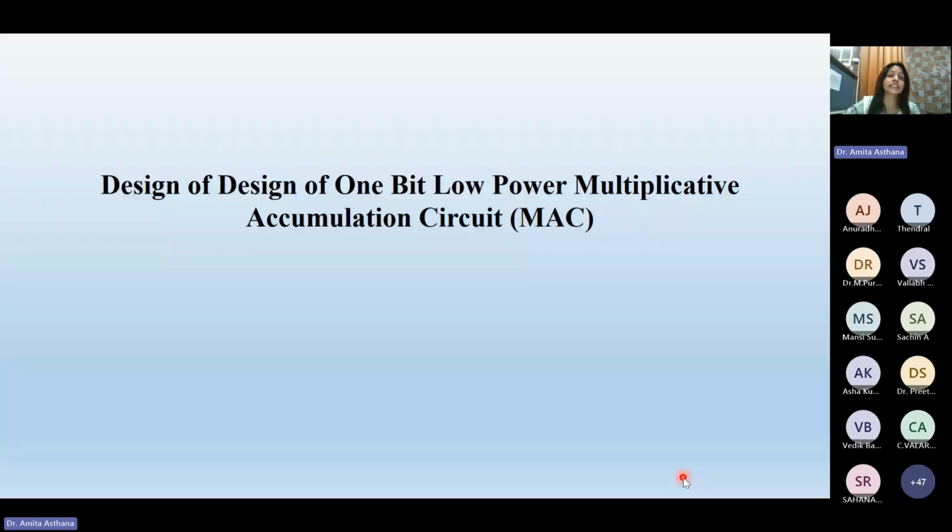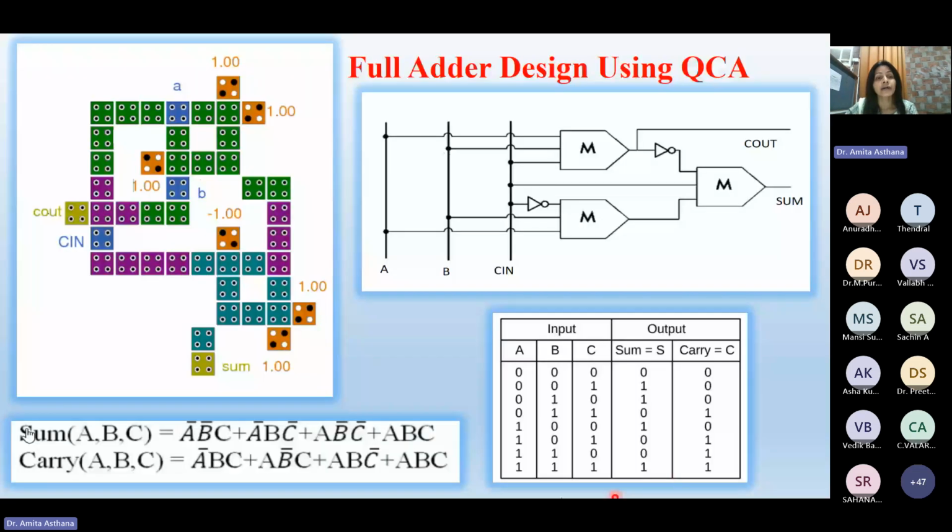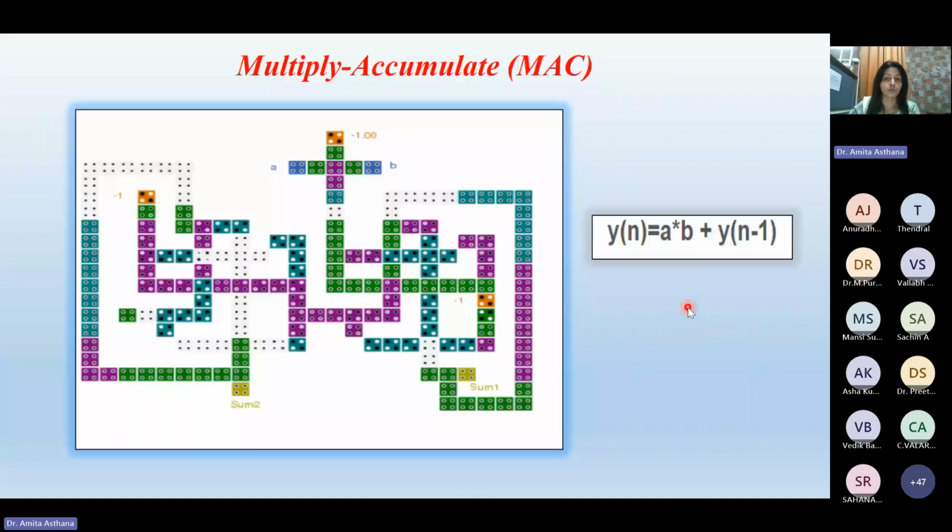So here let us come to this accumulation circuit, where I have designed a sum and a carry circuit, a full adder design using QCA, and with this recurring circuit with very little area and very few cells, we can design a MAC architecture also.